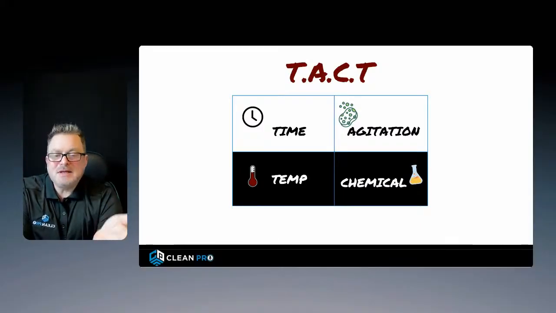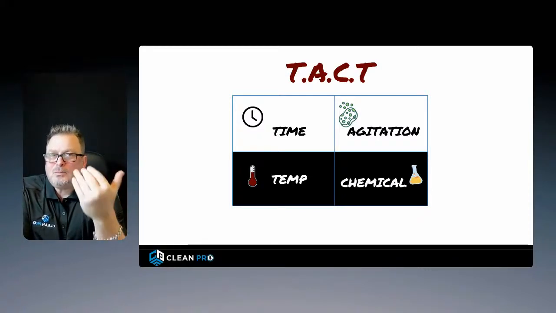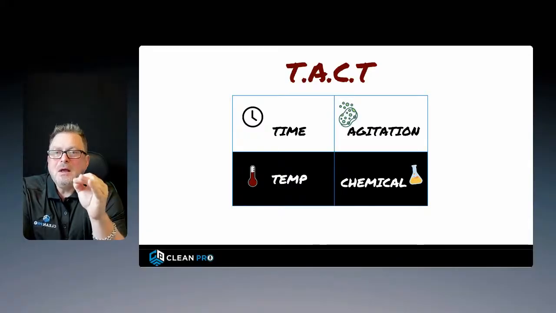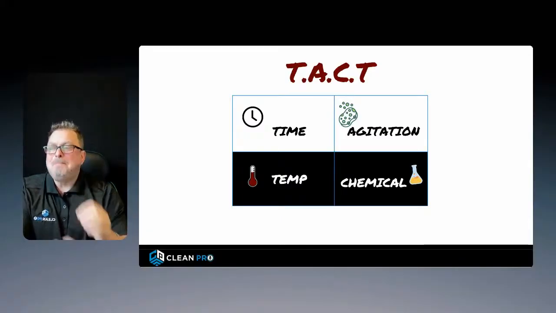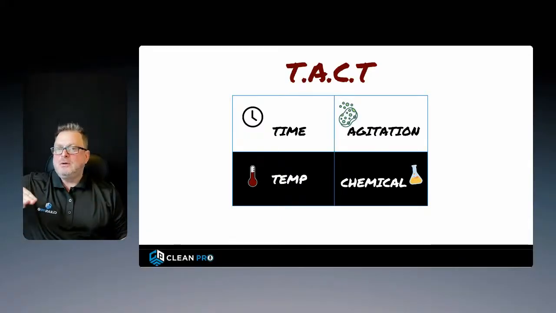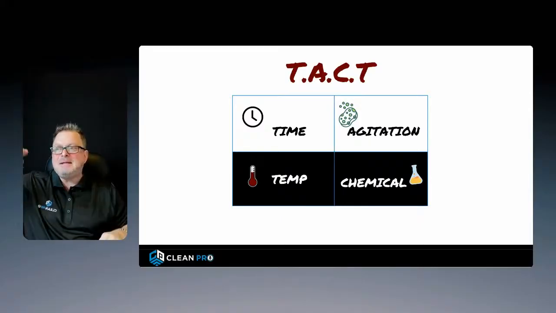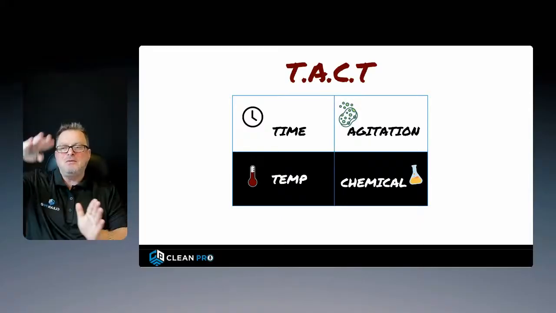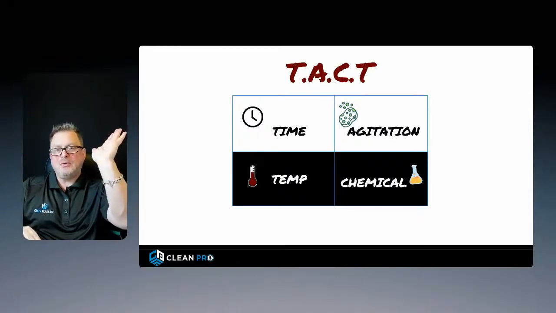Also, too, because it makes chemicals off-gas. All these variables. But it still has a very, very important role in cleaning in certain applications. But if you don't have temperature, then you need to make it up in time, agitation, or chemical, right? So where one is missing, you need to increase others.